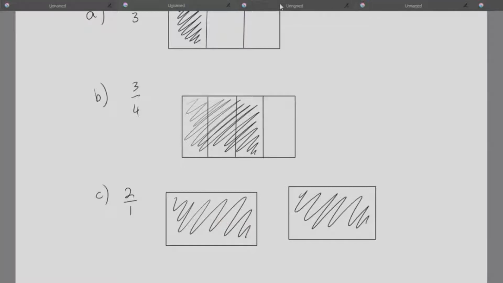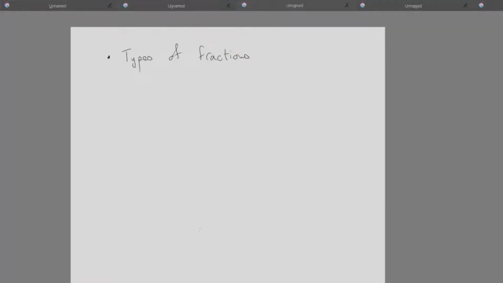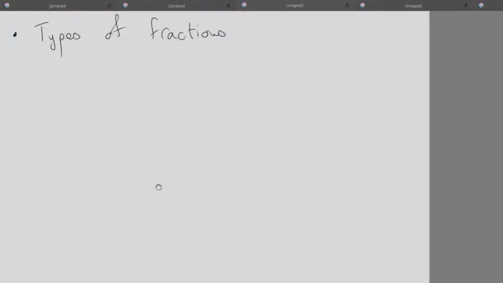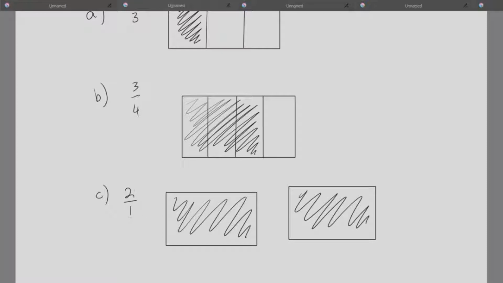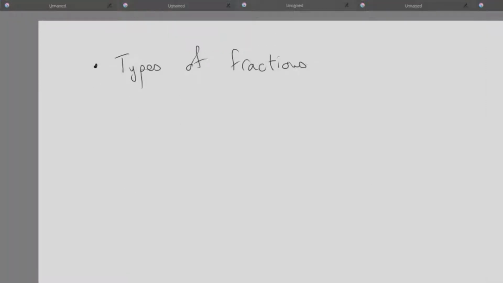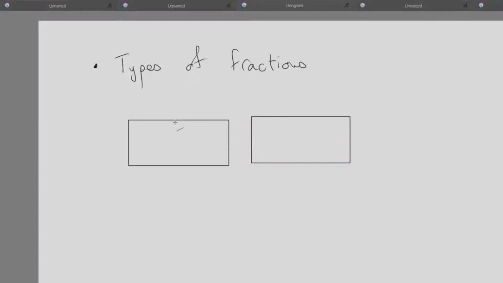Now, the next question is, I can have different types of fractions. Slightly different, not really. As you see here, I can have multiple loaves of bread. So if, for example, I have 2 loaves of bread, my loaves will never be the same size exactly, and I split them up into halves.